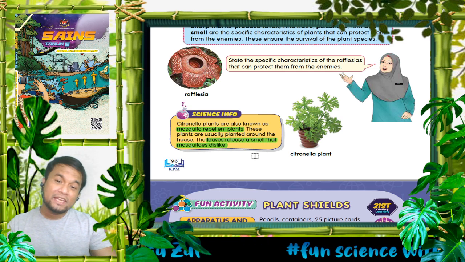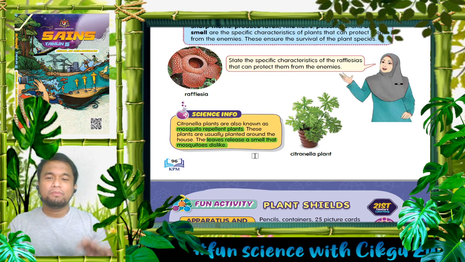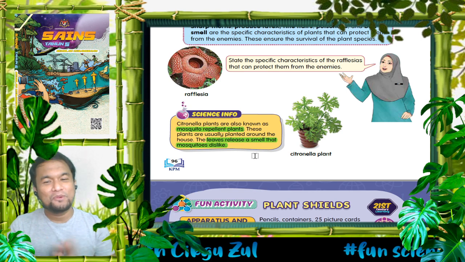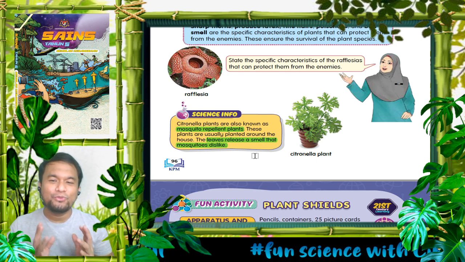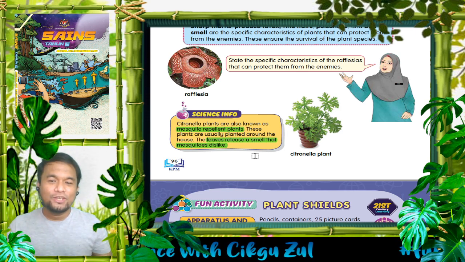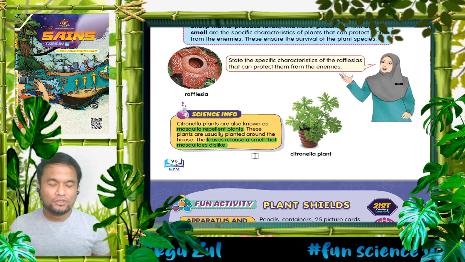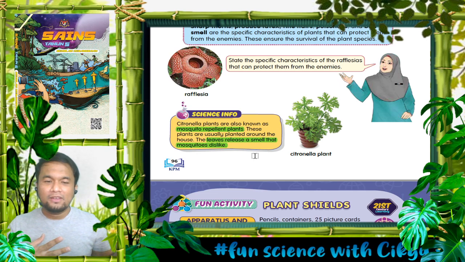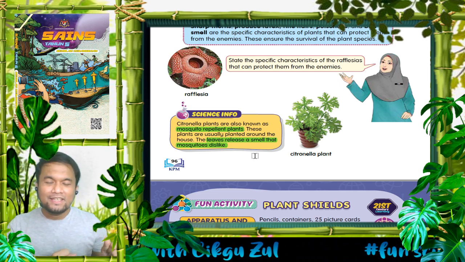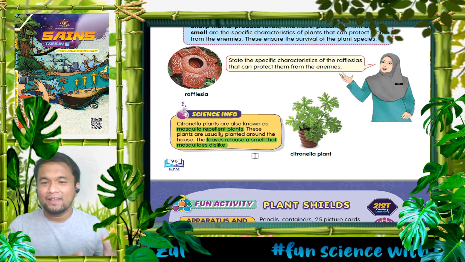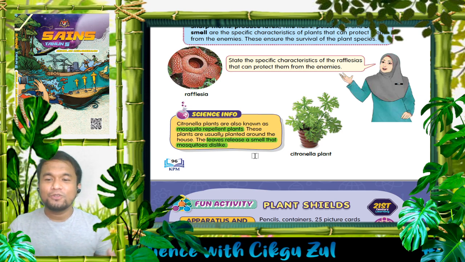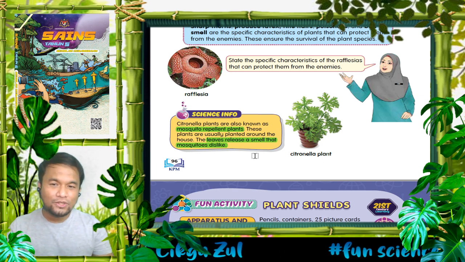Dia kata pokok ini ada menghasilkan bau. Akibatnya nyamuk tidak suka kerana bau dia. So ini adalah bagus. Besides, you get healthy because you are not easily bitten, or maybe your house is clear from the mosquitoes.